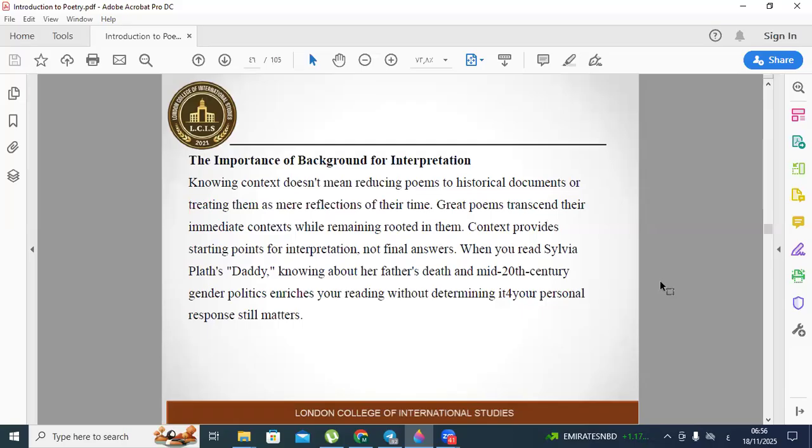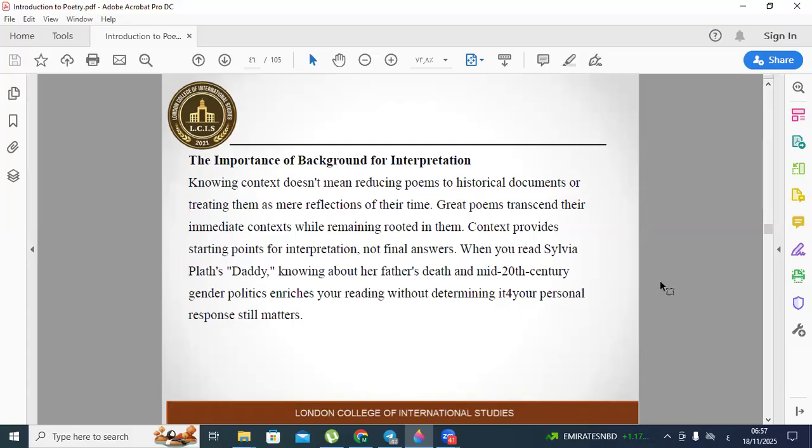When you read Sylvia Plath's "Daddy," knowing about her father's death when she was 8, and the 20th century gender politics surrounding her, enriches your reading without determining it. Your personal response still matters.